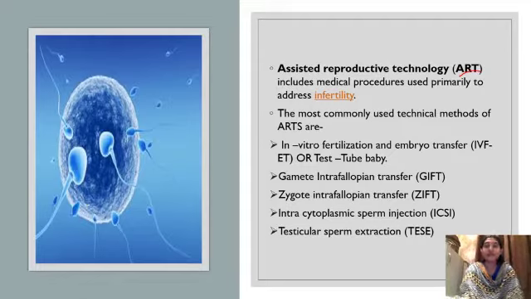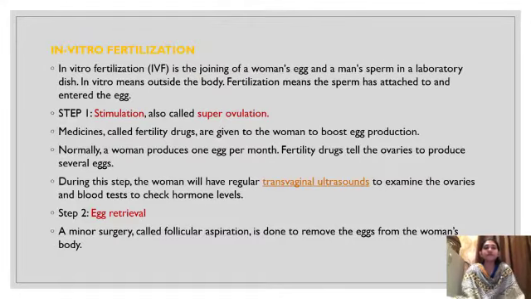So we are starting with the first one, which is in vitro fertilization or the test tube baby. When I say in vitro, I mean the fertilization will take place outside the body. In vivo means inside the body. In vitro means outside the body. So when the fertilization is taking place outside the body, it means it is taking place in a laboratory dish or maybe in a test tube.